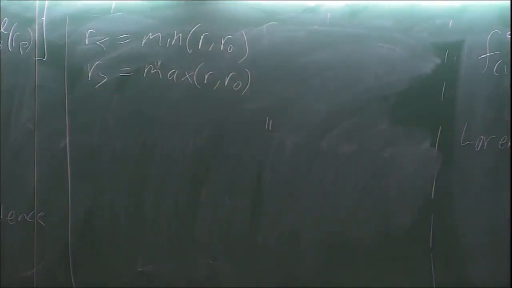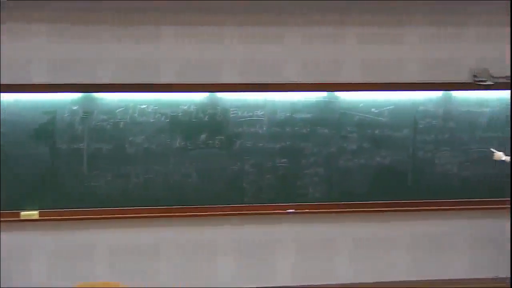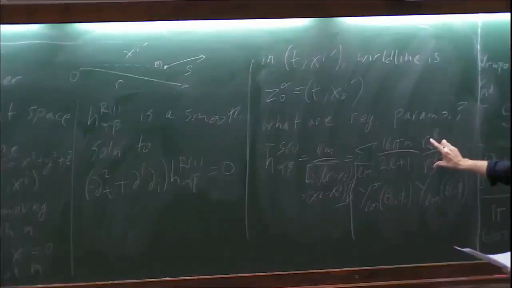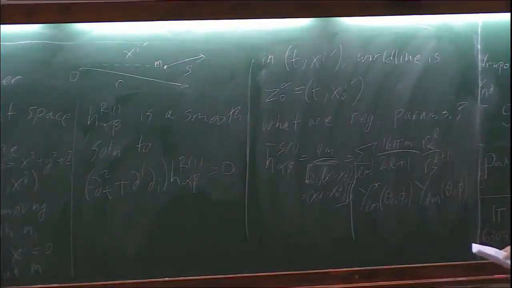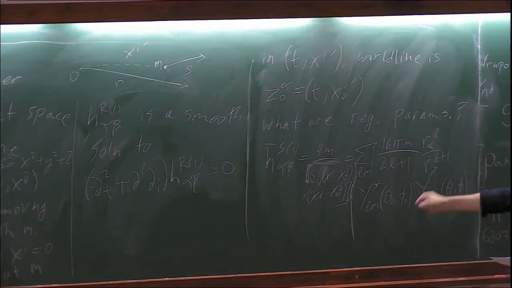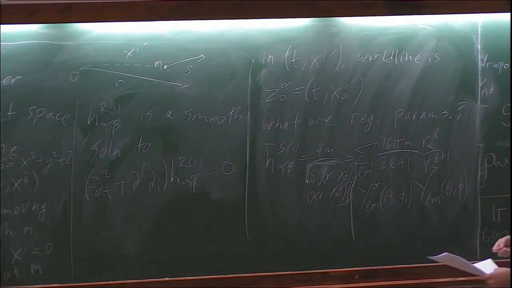So this means that, say, you're outside the radius of the particle here, you're out here, then r less than is just the radius of the particle, and you're dividing by the radius of the field point you're evaluating at. And that means that this number, r less than over r greater than, is smaller than 1, which means that as L goes up, this factor gets arbitrarily small, gets exponentially small.